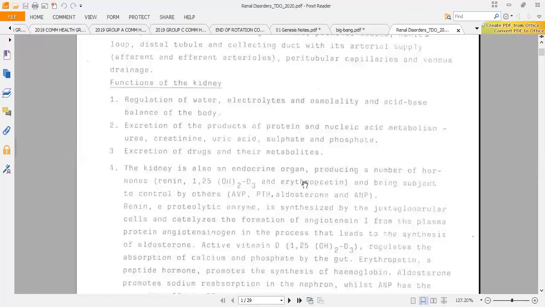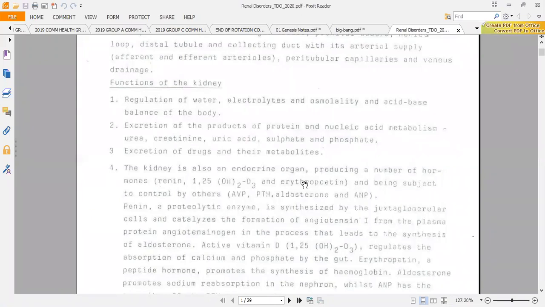And just to add this, remember that the most potent stimulus for erythropoietin production is hypoxia. So hypoxia is a very strong stimulus for erythropoietin production.